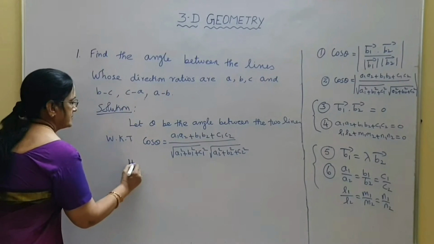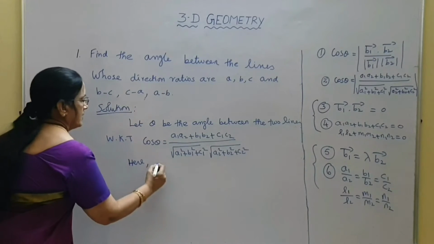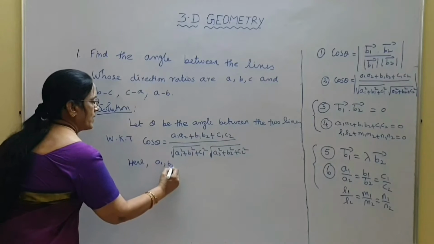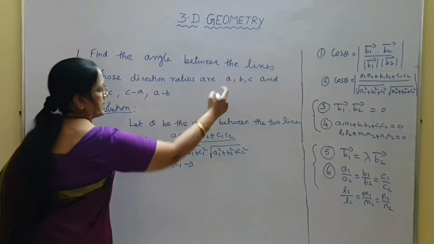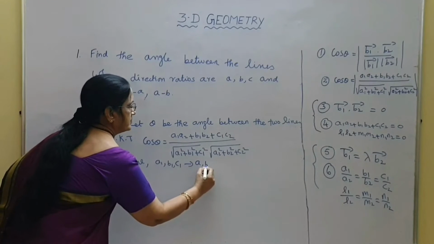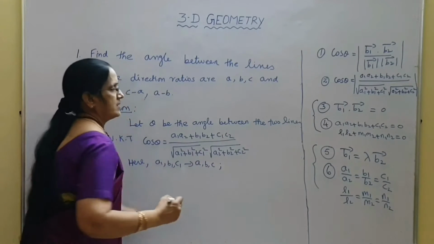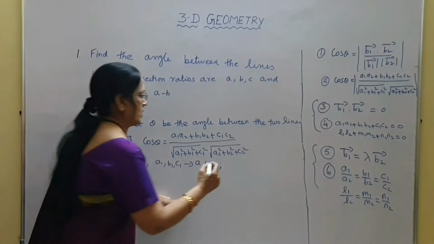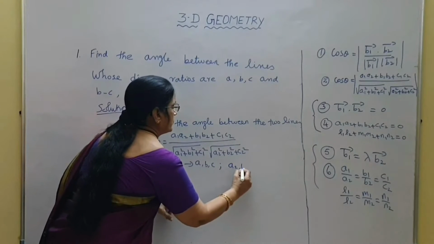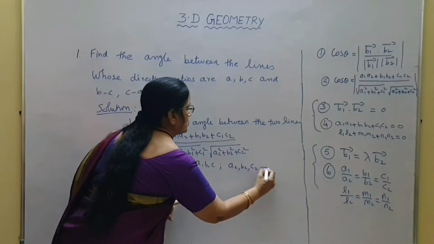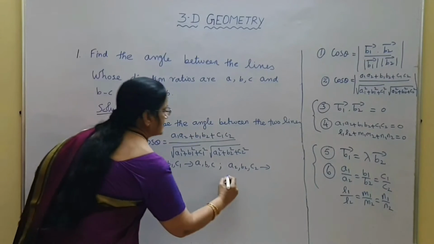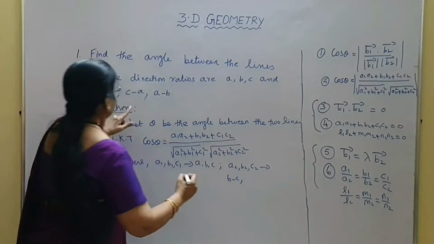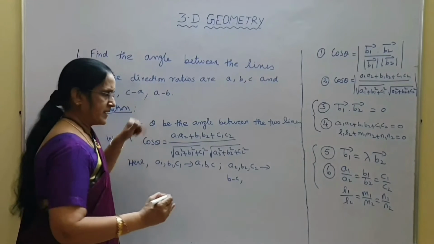Here a1, b1, c1 are nothing but a, b, c. And a2, b2, c2 are nothing but b minus c, c minus a, a minus b.